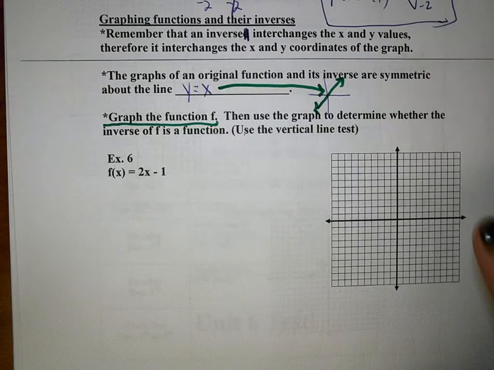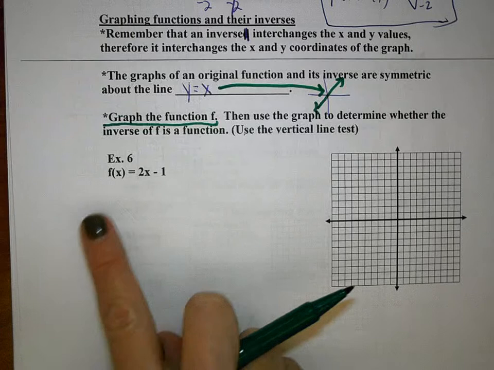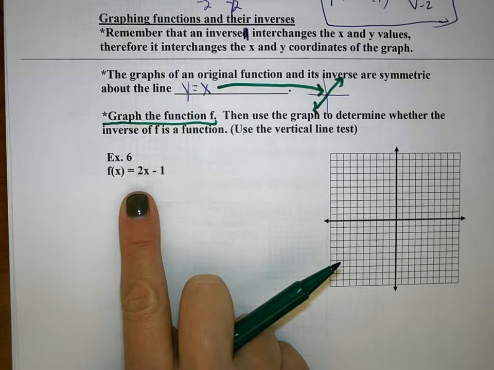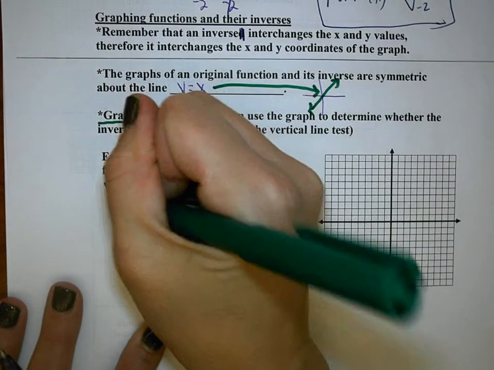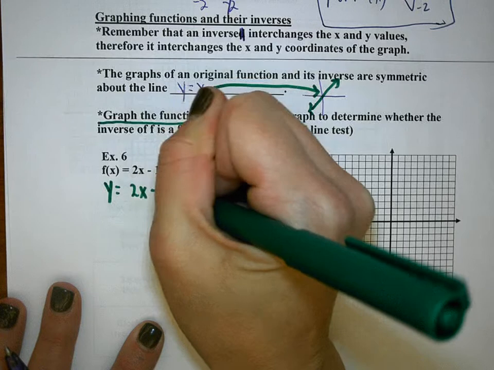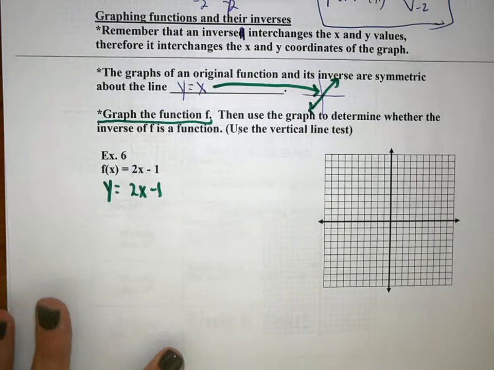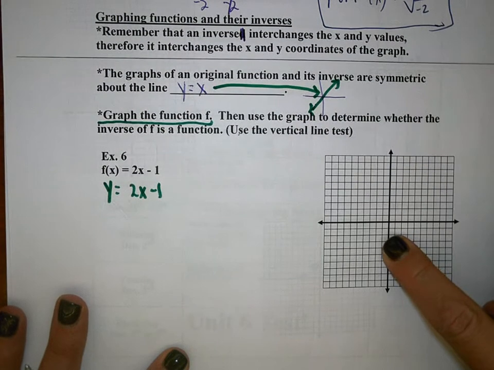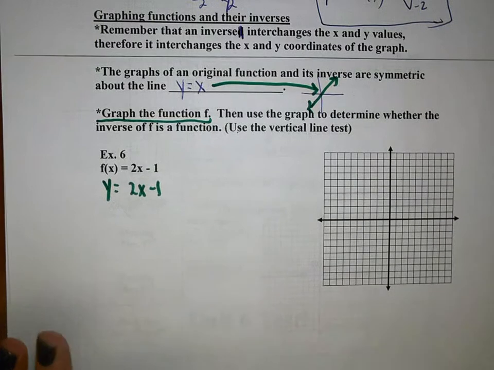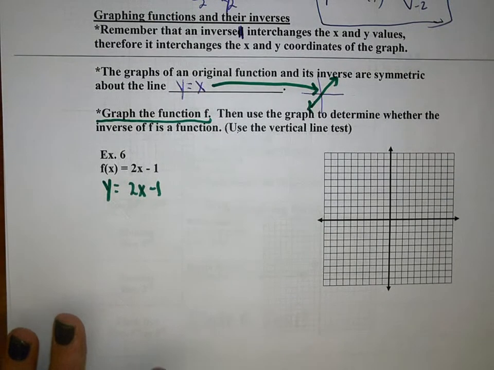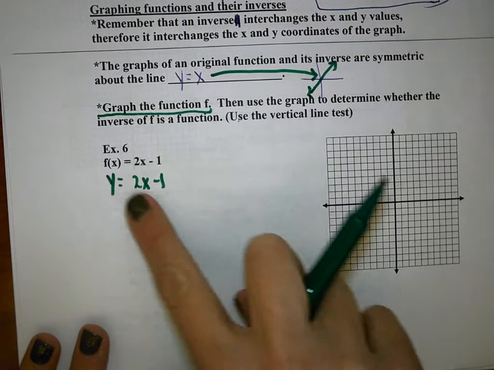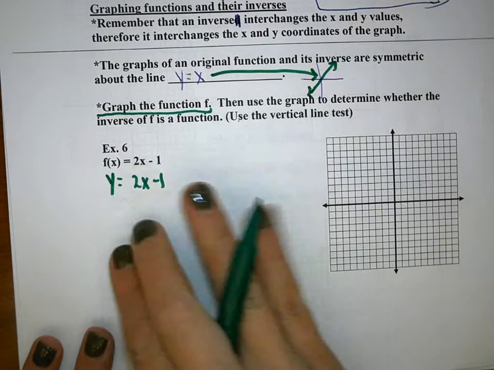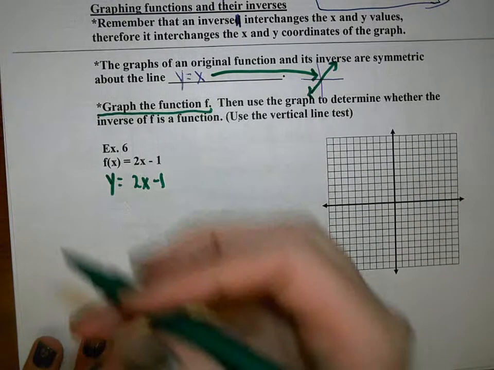Okay? And you would be able to graph this line very easily because this is the same thing as y equals 2x minus 1. And you guys know how to plot negative 1 on here and then use your slope, up 2 over 1. But because we want to use points, we're going to plug in values and get points here to make our line so that we can then use the same points to graph our inverse.